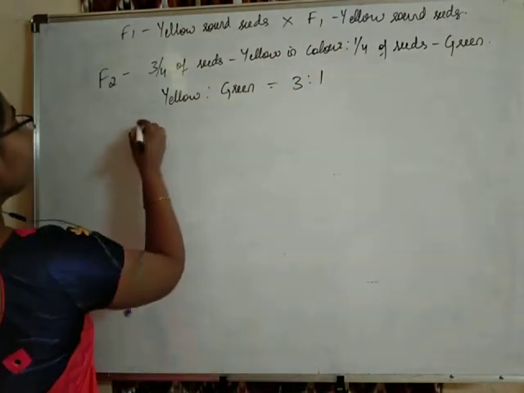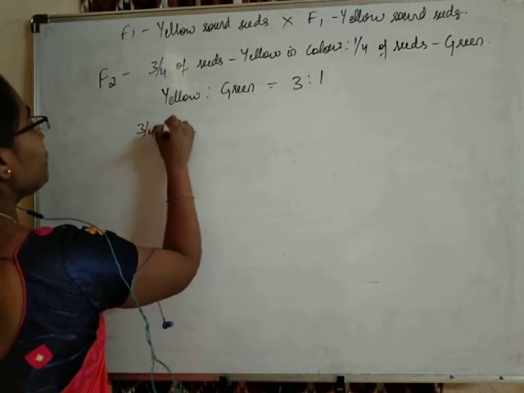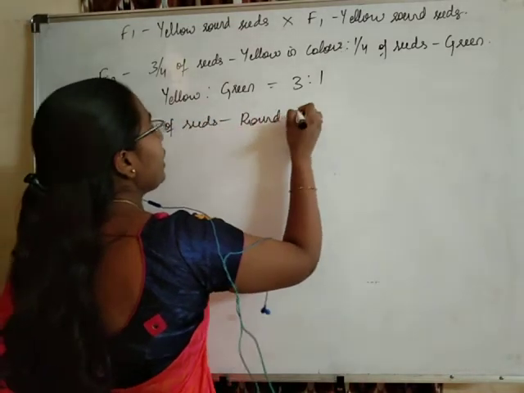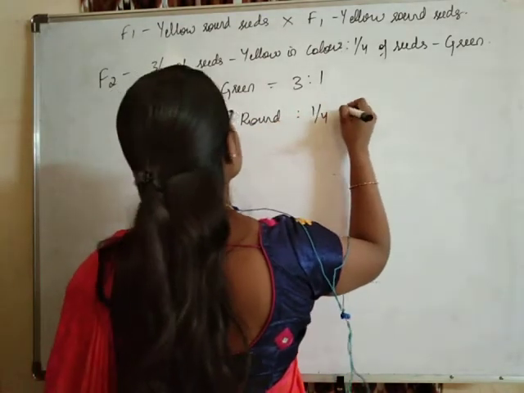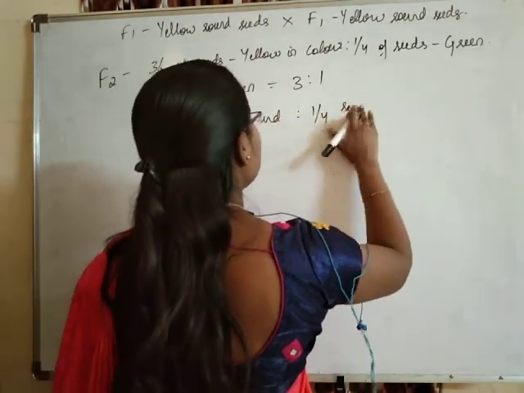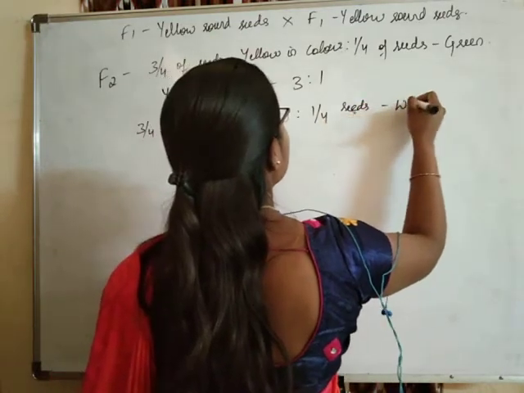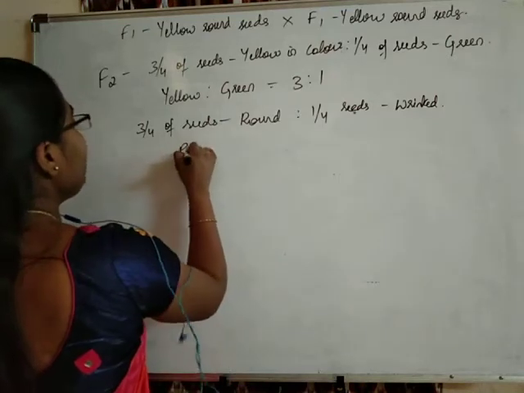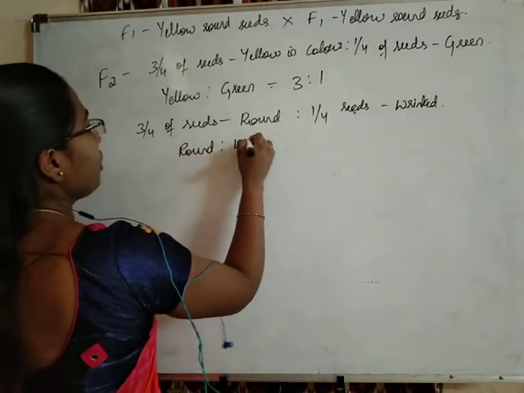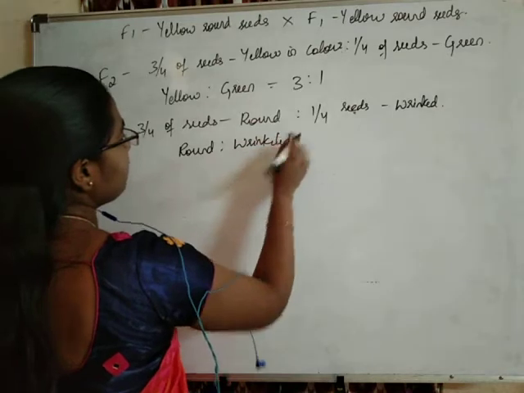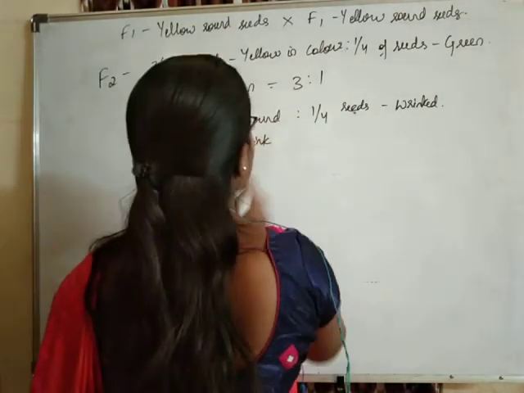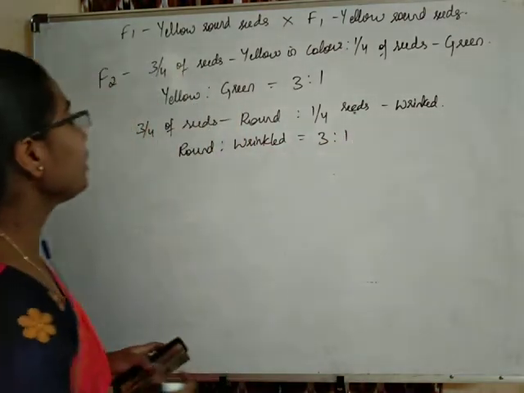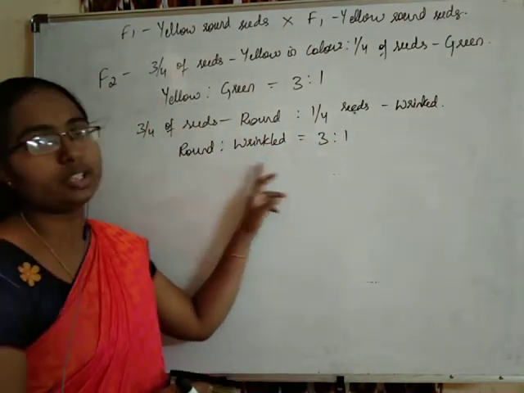And 3/4 of the seeds were round in shape and 1/4 were wrinkled. So the round to wrinkled ratio is 3:1 only.